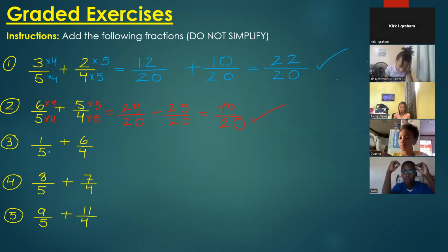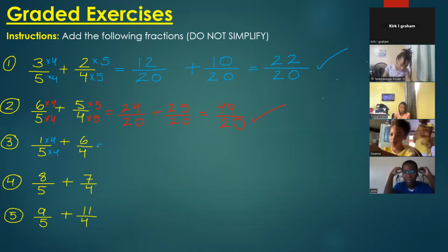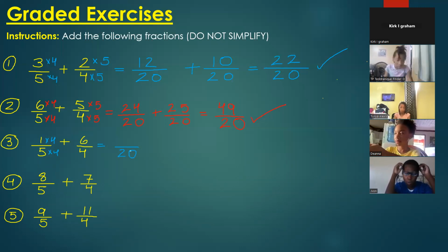We're going to do 1 times 4 and 5 times 4. 1 times 4 is 4. 5 times 4 is 20. Excellent.